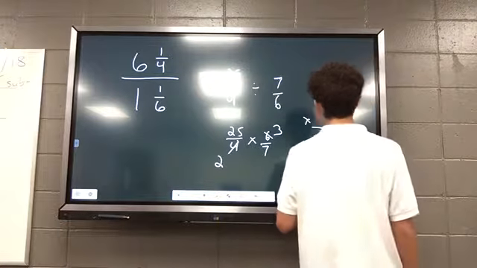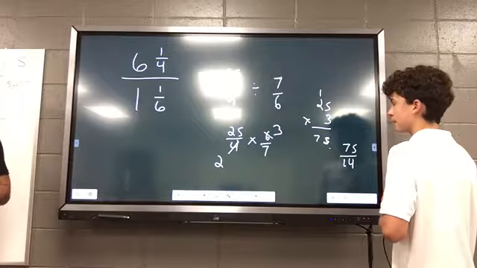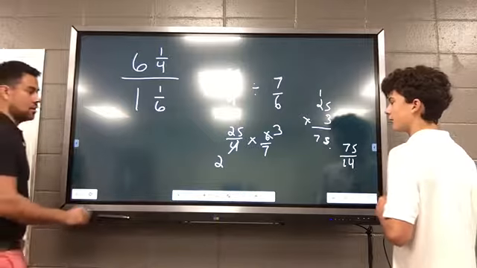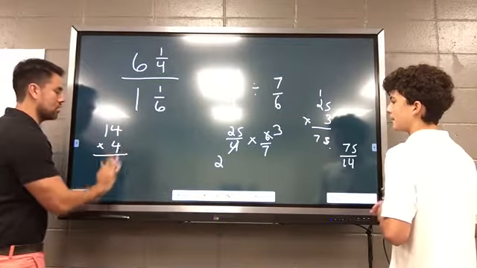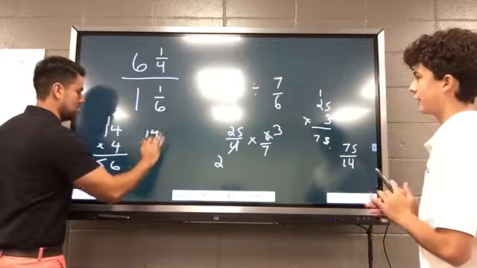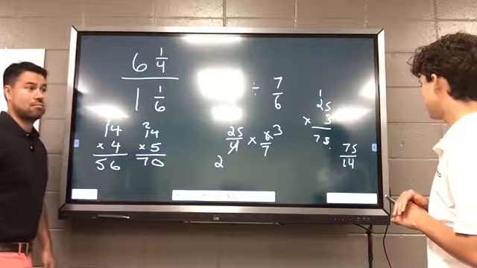So, you know what I do, Sam? If I don't know off the top of my head, I'm going to guess. How many times do you think 14 fits? Throw out a guess. 3, 4, maybe 4. Okay, so I'll do 14 times 4. 56. Okay, 5... 70.